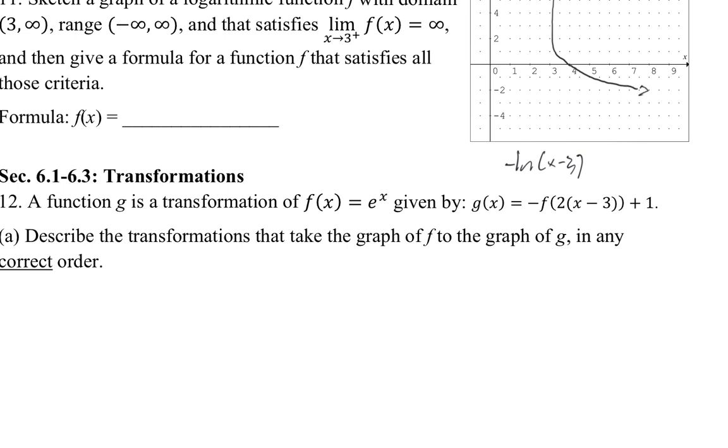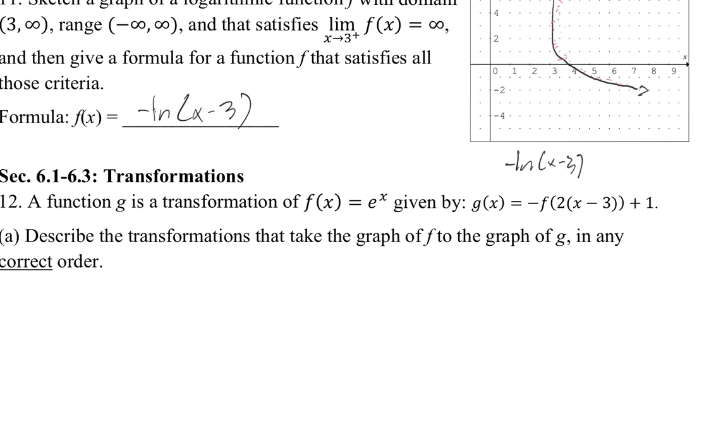Okay, and this one has domain of 3 to infinity, range negative infinity to infinity, and it satisfies as we approach the limit of 3 from the right side. If we follow this way, we'll get a positive infinity up here as we keep going. So the graph we just came up with was negative natural log of x minus 3. Let me get a more clear negative sign there. There we go.